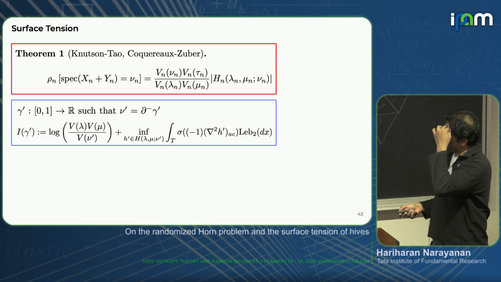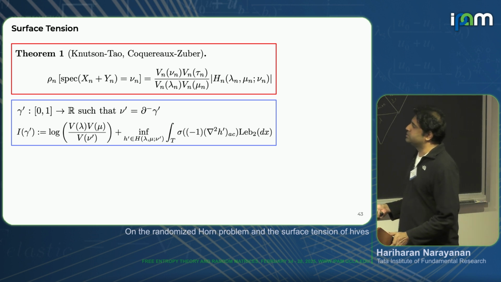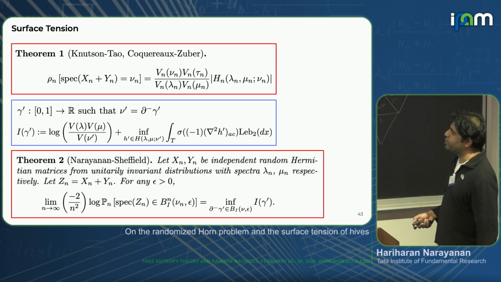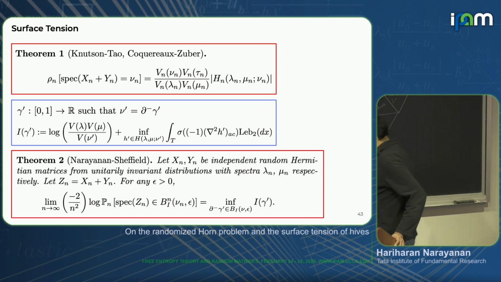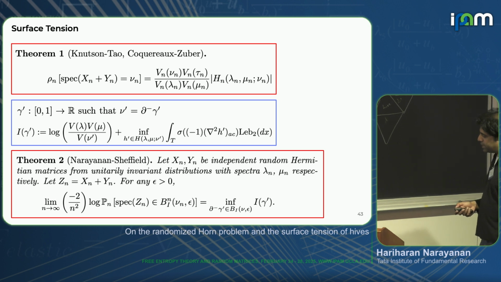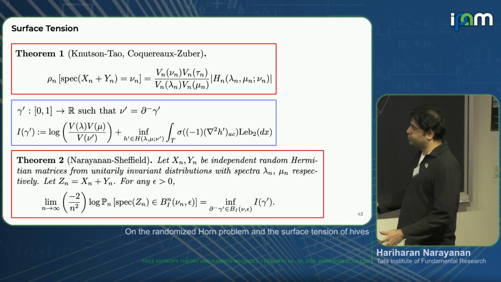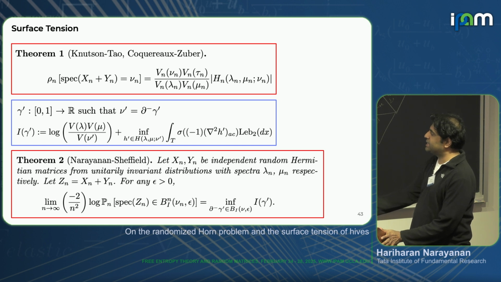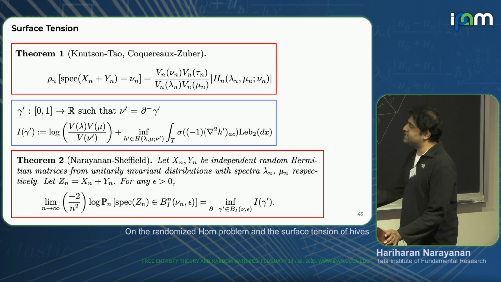So we introduced with Sheffield this surface tension for hives. So this is the surface tension for the problem of finding large deviations for the spectrum of the sum of two random Hermitian matrices. So if you take two random Hermitian matrices with spectra lambda and mu, add them independently, and look at the spectrum of the sum, the probability that it lies within a certain ball of nu n is, when suitably normalized, has this large deviation form.